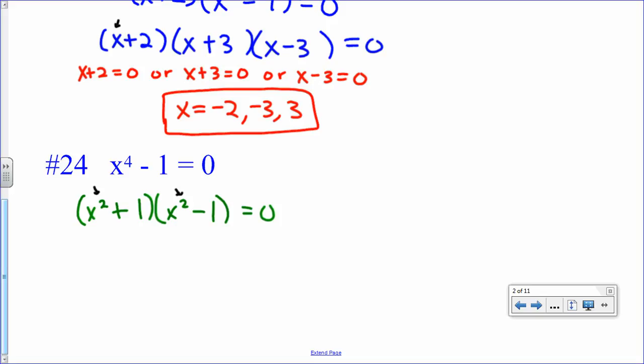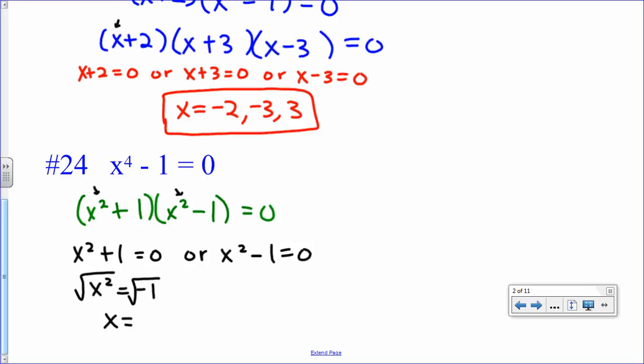I can still use zero product property. But not until you have at least a quadratic. So quadratic or linear, zero product property. So you could say x squared plus 1 equals 0, or x squared minus 1 equals 0. So you're subtracting 1, and then you do the square root. So remember, solving quadratics, and you take the square root, you have to put plus or minus.